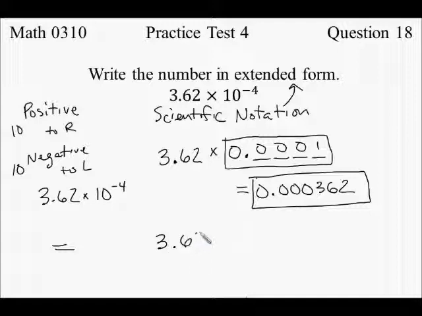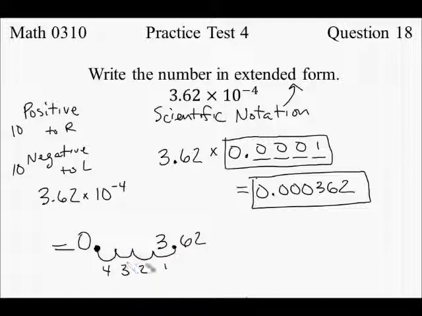So if we're starting here, we go over 1 place, 2 places, 3 places, 4 places, and now our decimal place ends up there. We're going to have a 0 in front of that decimal place.